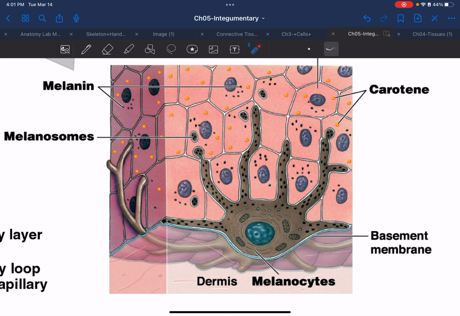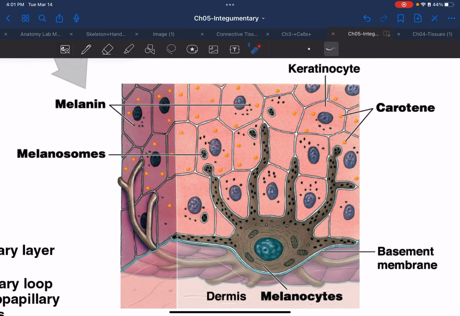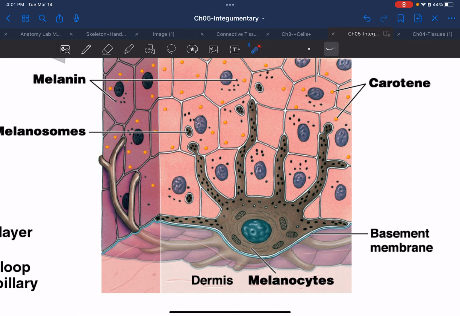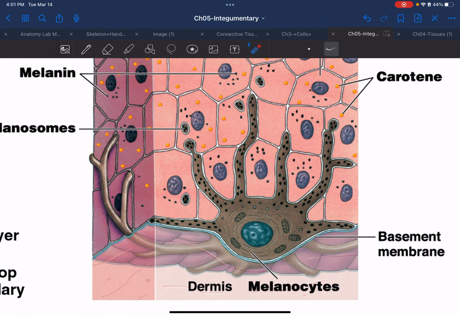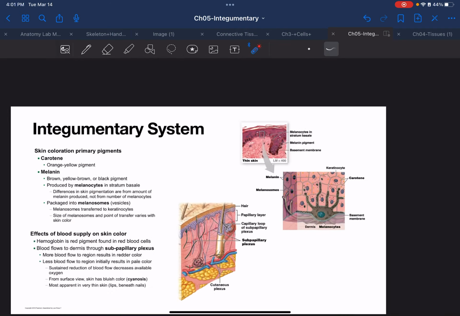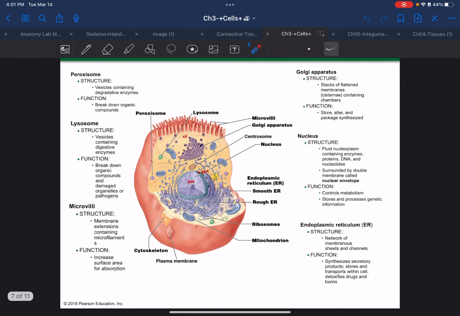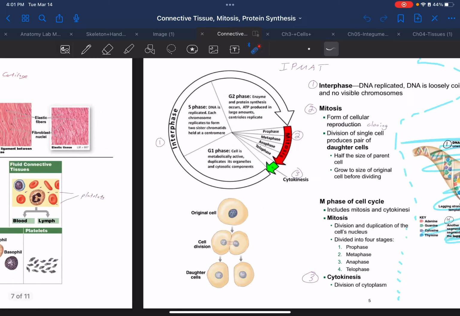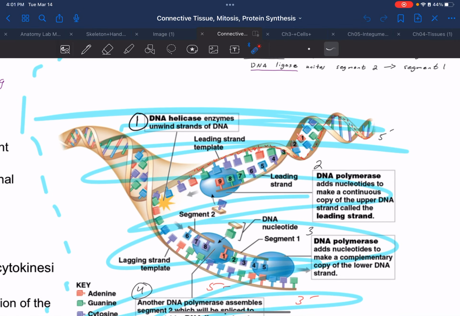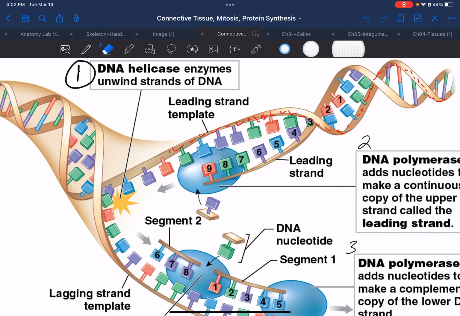So in this case, melanocytes are protecting you from light in general, UV light. And that's because UV light can actually affect your DNA molecule. I'm just going to go to a picture for the sake of telling a story: you can actually alter these bases with UV radiation.